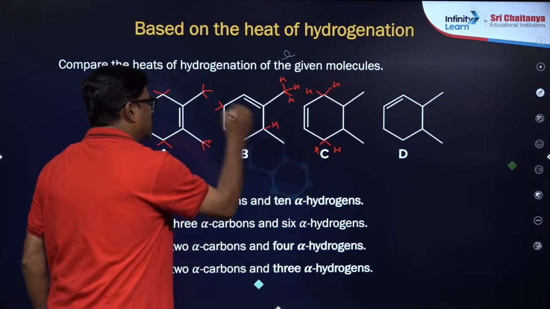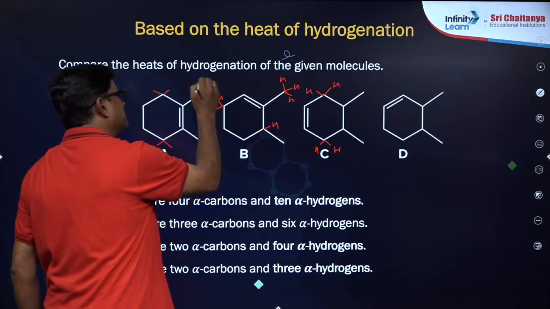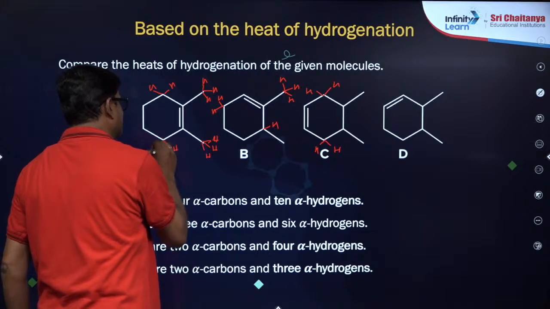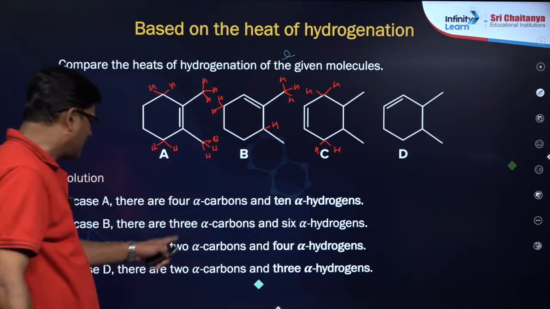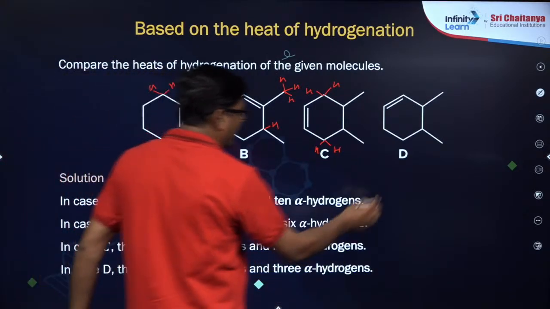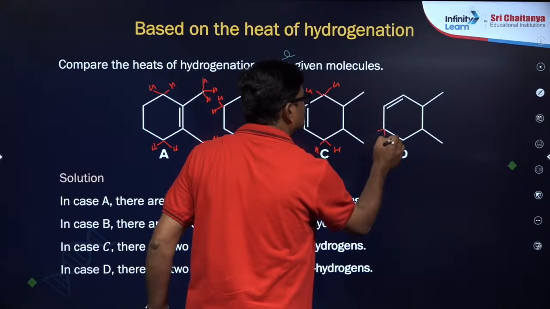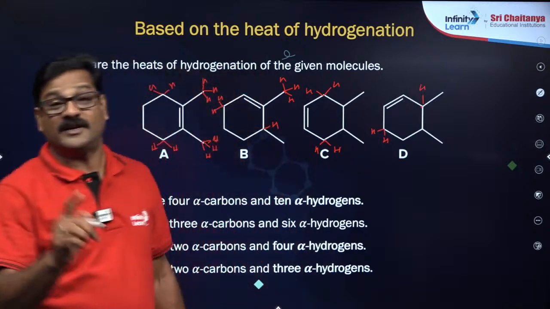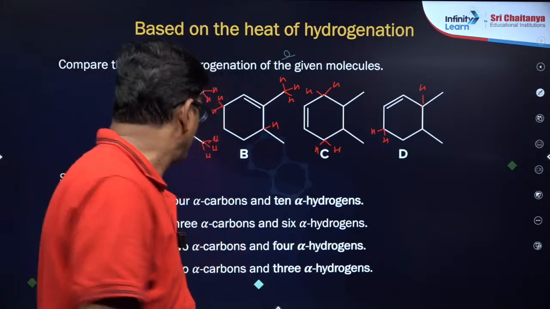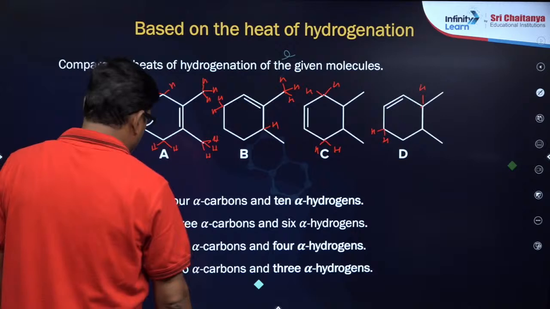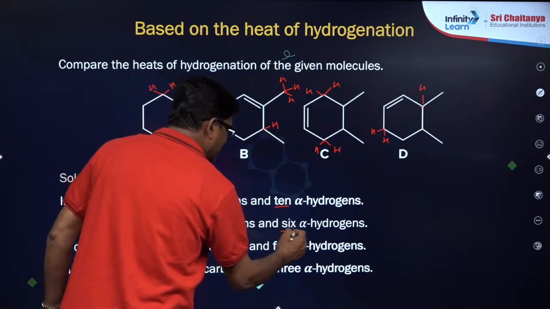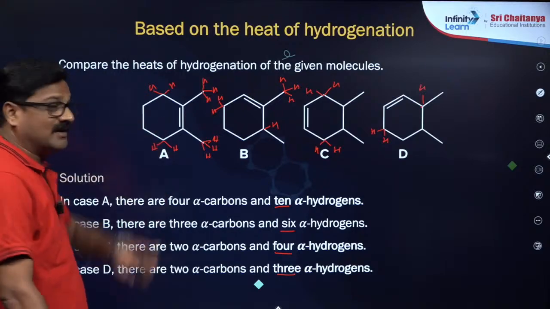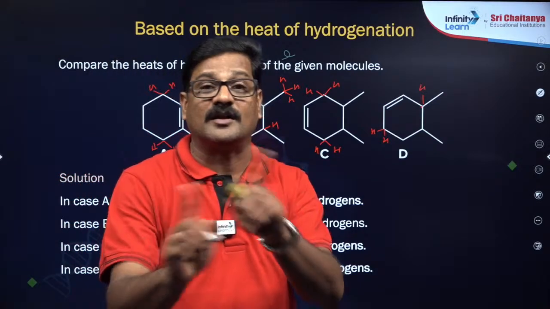Like that you can write completely. And in case of D, there are 2 alpha carbons and 3 alpha hydrogens. इसमें सिर्फ एक ही अल्फा हाइड्रोजन होगा. देखो कार्बन टेट्रावैलेंसी के हिसाब से. ठीक है बेटा. And if you check 10, 6, 4, 3, based on that the stability order and the heat of hydrogenation order is going to be ulta.